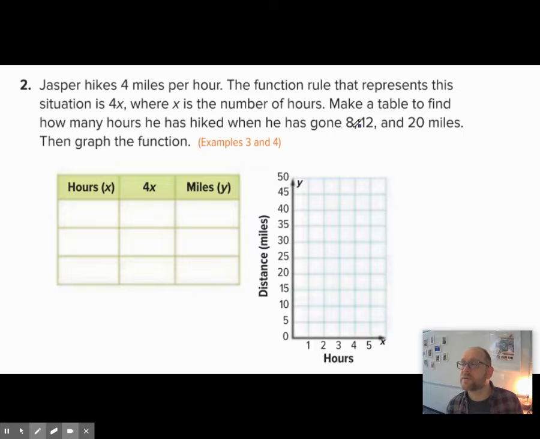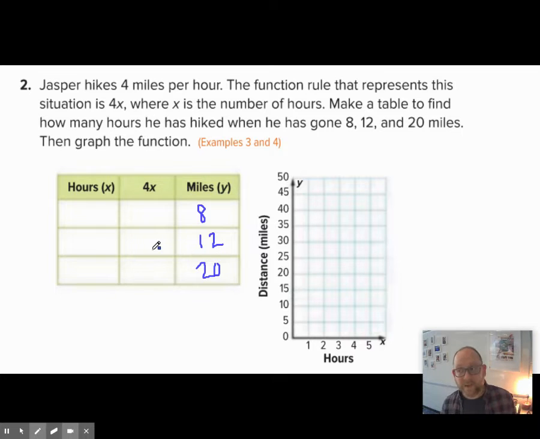In this case, we're going to fill in the number of miles first. So we'll have 8 miles here, 12 miles here, and 20 miles below.